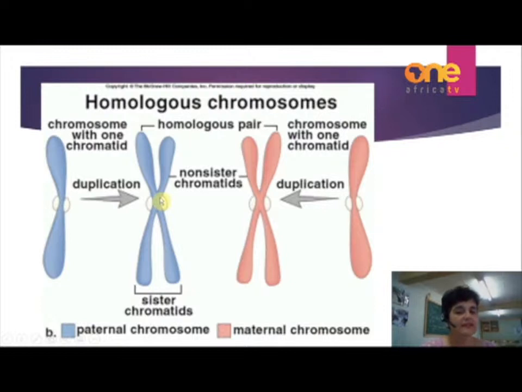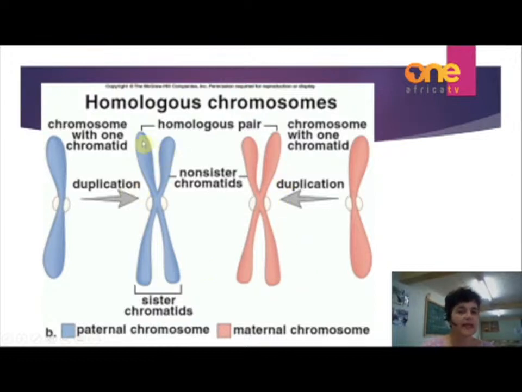But in my cell, I have genetic material that came from my father, paternal chromosomes. But also, I have the same from my mother. And these two chromosomes will carry exactly the same traits.